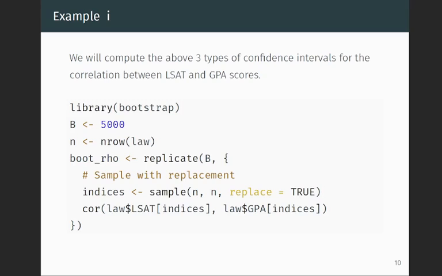And next, I want to get all my Bootstrap samples and then compute the sample correlation on all those samples. So remember, we're sampling with replacement, and I'm sampling the indices here just as a shorthand. And so a sample of n, replace equals TRUE will give me a sample with replacement of integers between 1 and n. So then I can compute the correlation between LSAT and GPA for that particular Bootstrap sample.